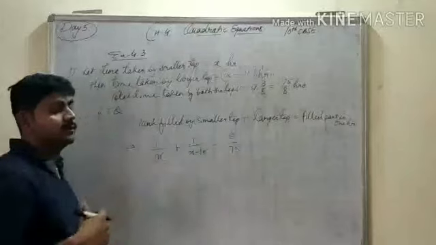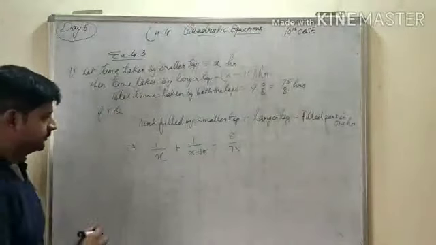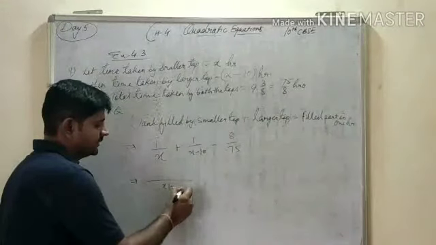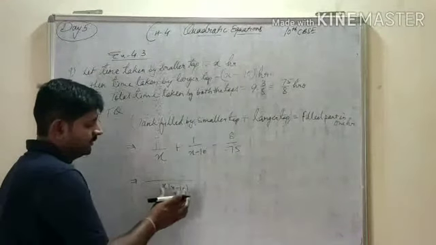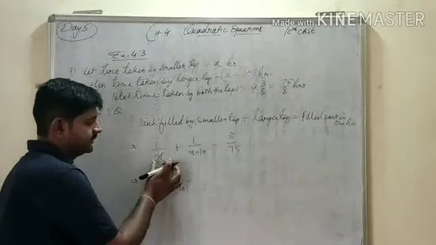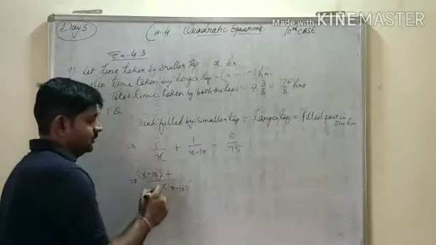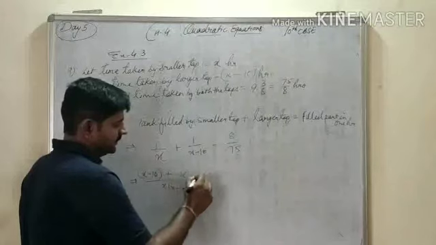Reciprocal of them we have to take. If we take the LCM, then x into x minus 10 will be the LCM. If we divide this by this, we will get x minus 10, and there will be x.